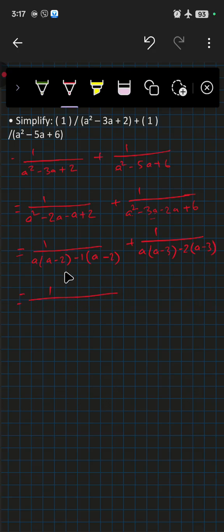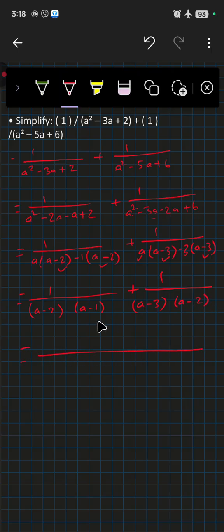Now, again, to write it in product form, common we have to keep in front. What is left? A and minus 1. That is to be written at the back in the product form, in the bracket. A minus 3 is taken as common. What are the remaining? A and minus 2. That will be written in another bracket.